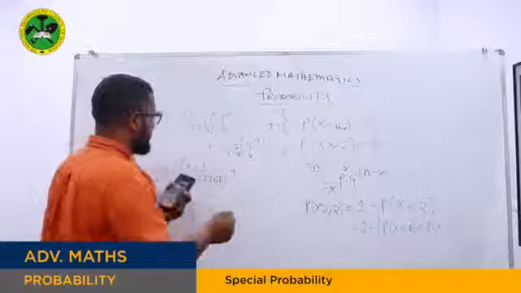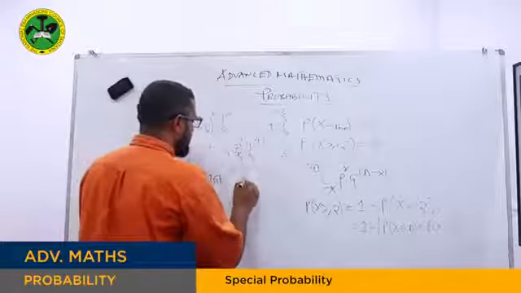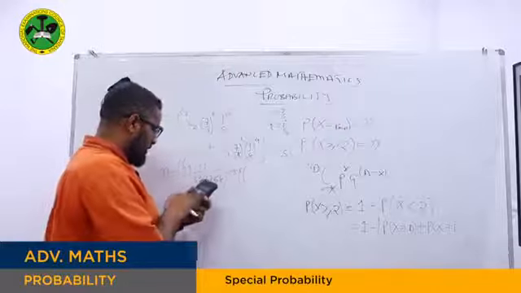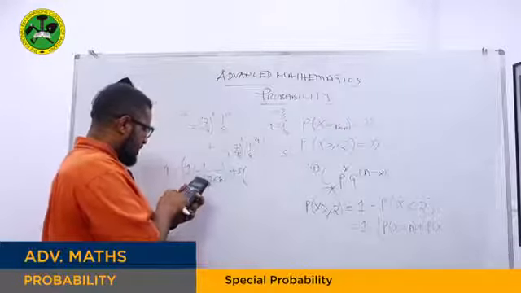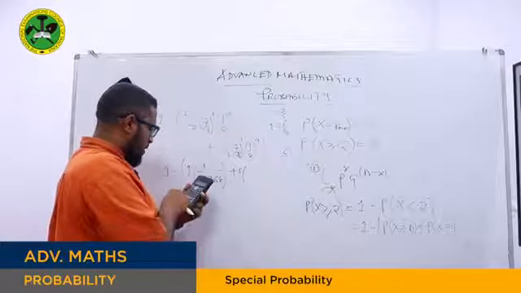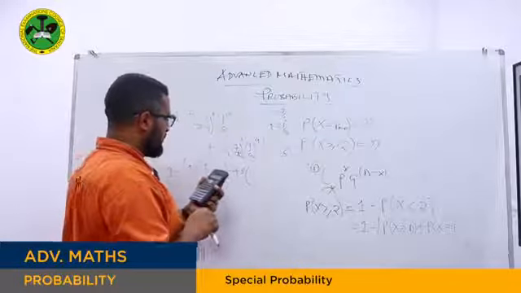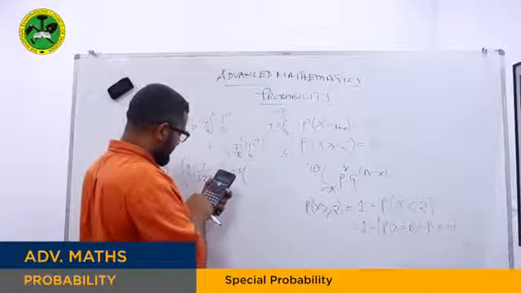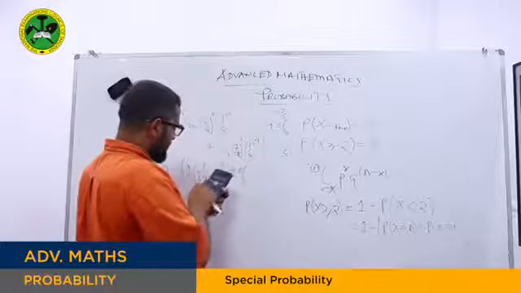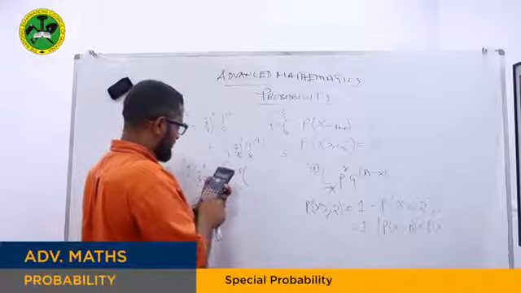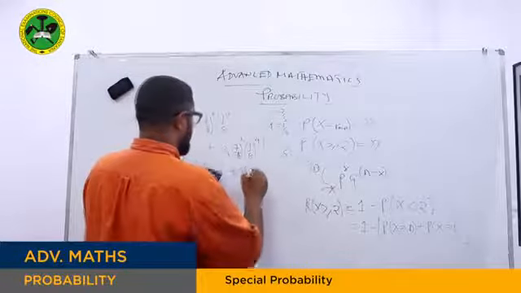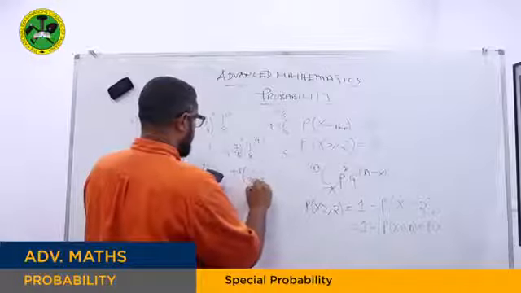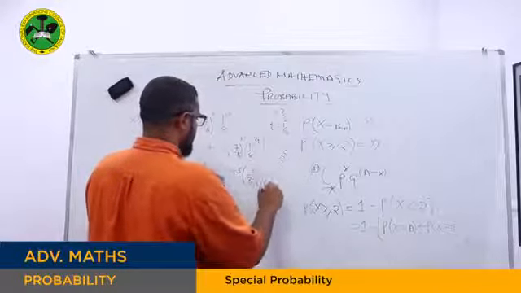5 combination 1 is 5. Then 7 over 8, and 1 over 8 to the power of 4 again. 1 over 8 to the power of 4 is 1 over 4096, then multiply by 7 over 8. We have 7 over 32,768.